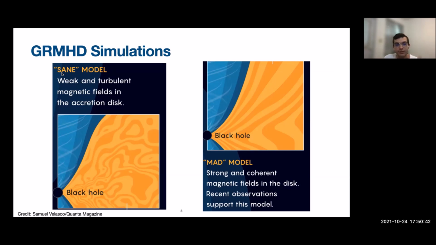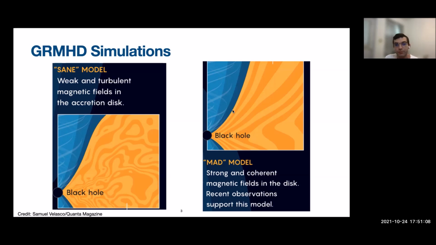SANE stands for standard and normal evolution, and those models tend to have very weak and turbulent magnetic fields in the accretion disk of the black hole. The second type are what's called MAD models. MAD stands for magnetically arrested disk, and their configuration usually has very strong and coherent magnetic fields in the accretion disk.